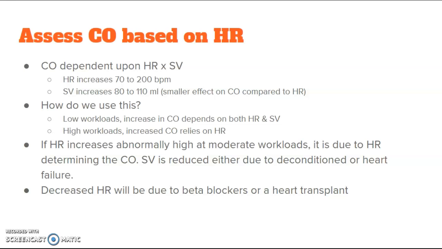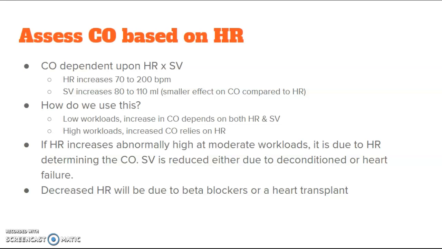In contrast to that, your stroke volume will increase from 80 to 110 milliliters. So you see the stroke volume has a smaller effect on cardiac output as compared to your heart rate. So your heart rate is the dominating factor here. This is actually going to help us understand what's going on in there.